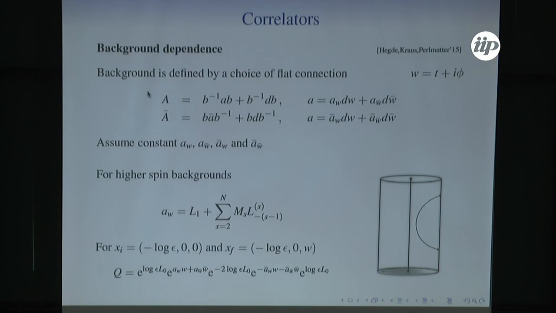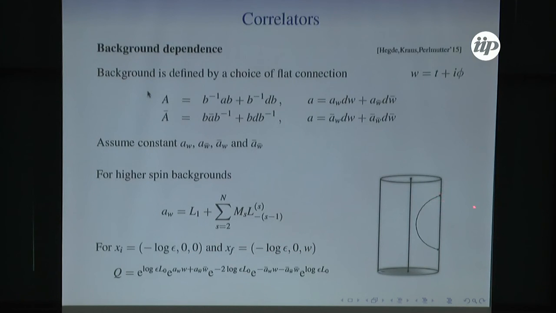So you can have, for example, a black hole with higher spin charges. So in this case, this matrix Q has this form, which you can, if you want to compute the Wilson line between the points that are close to the boundary, then you compute it between the points, let's say, from minus log epsilon at 0 to minus log epsilon at W.